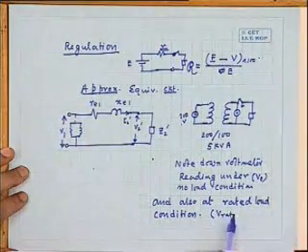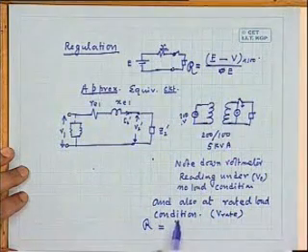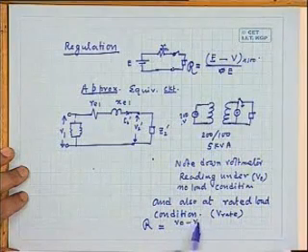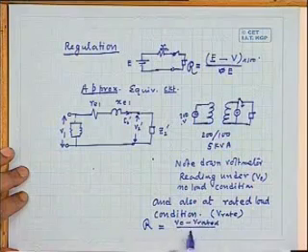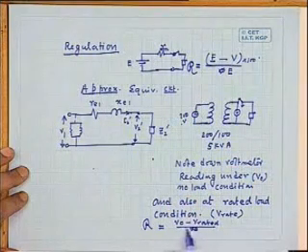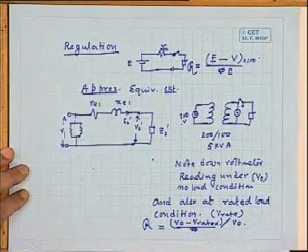So regulation will be how much then? Suppose this is the reading V0 and this is the V rated condition reading. Then your regulation, you will simply tell, it is V naught minus V rated condition voltage divided by V naught.